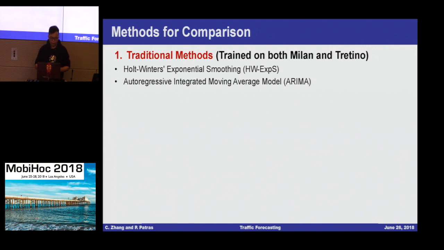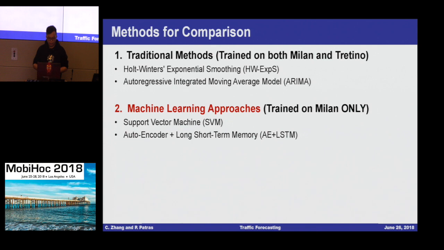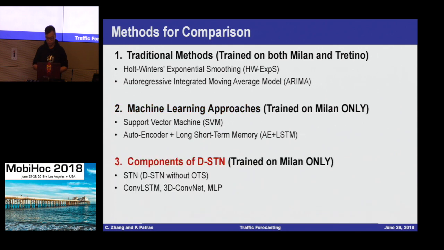So we compare the performance of our proposal against a large set of methods, including exponential smoothing and ARIMA. Note that these two approaches are trained on both datasets as required. We also have some standard machine learning approaches, including supervised regression and the autoencoder plus LSTM. For these two approaches, we only train them on the Milan dataset and evaluate their performance on Trentino to test their generalization ability.